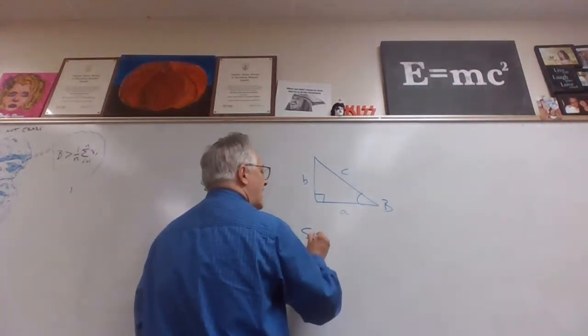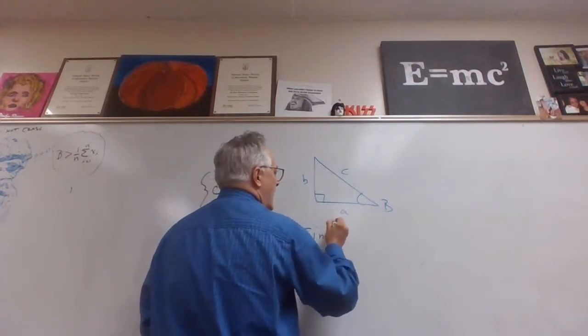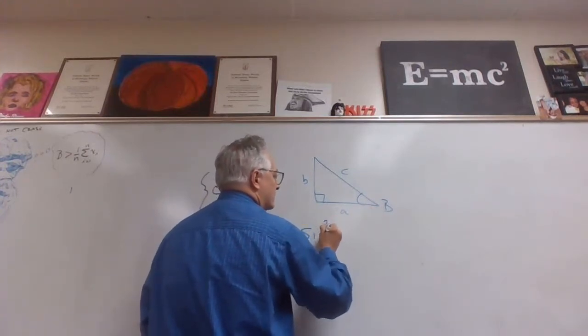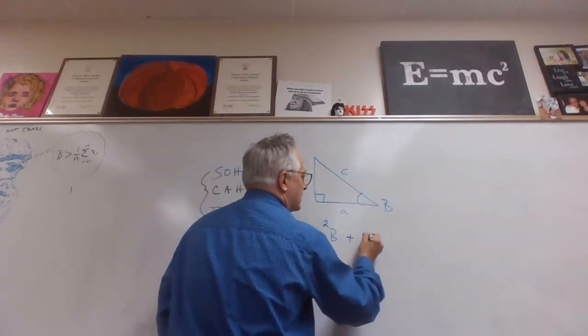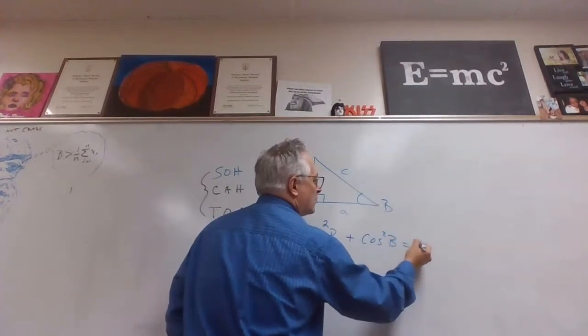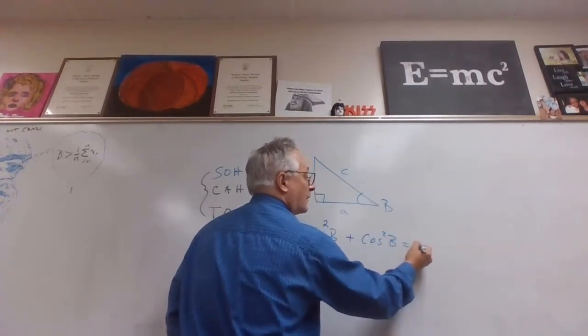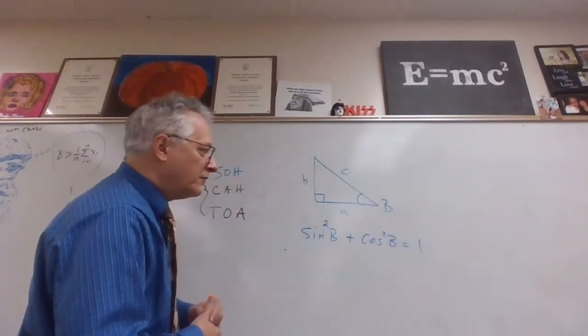If I know the sine of angle B, and I square that, sine squared of B plus cosine squared of B, that's going to be equal to 1. And we can prove that.